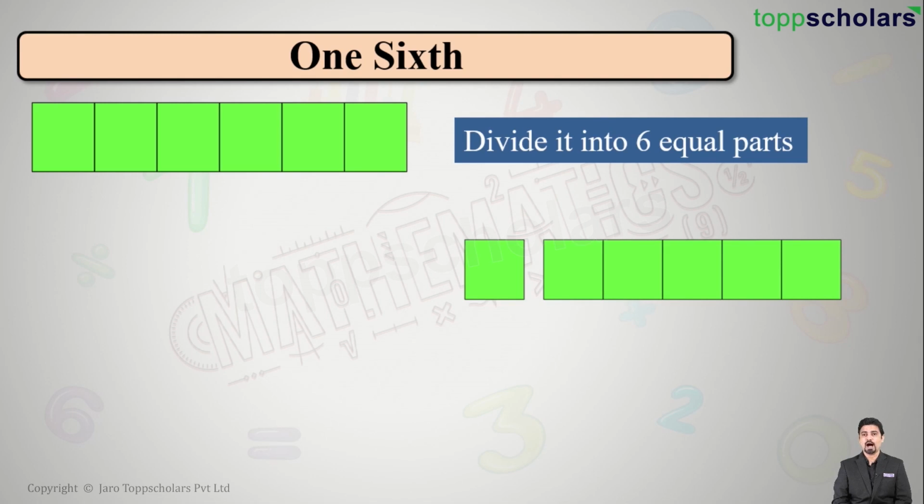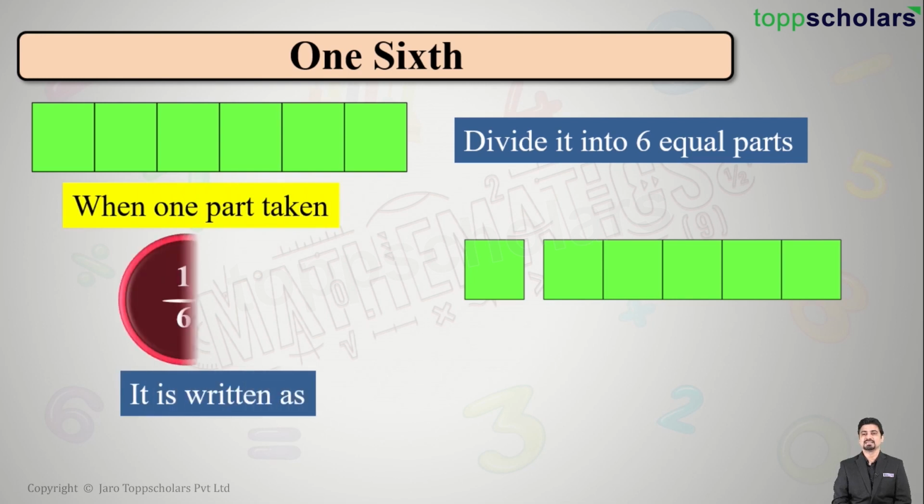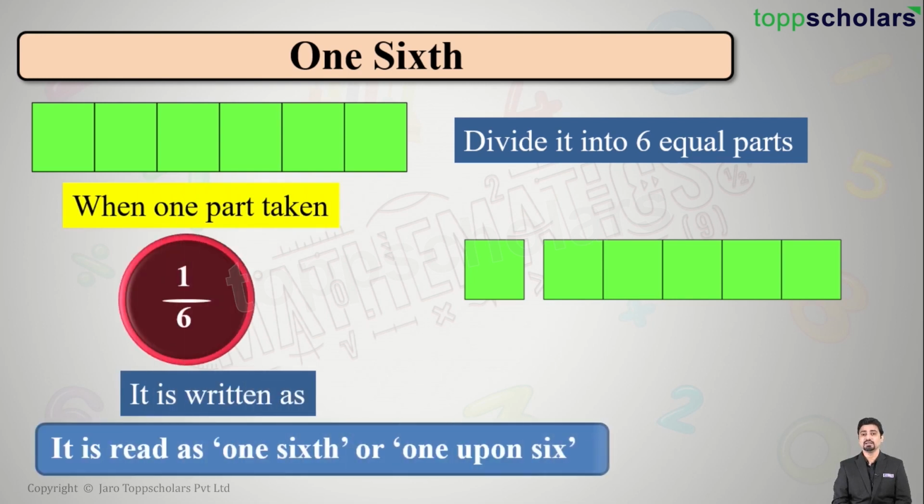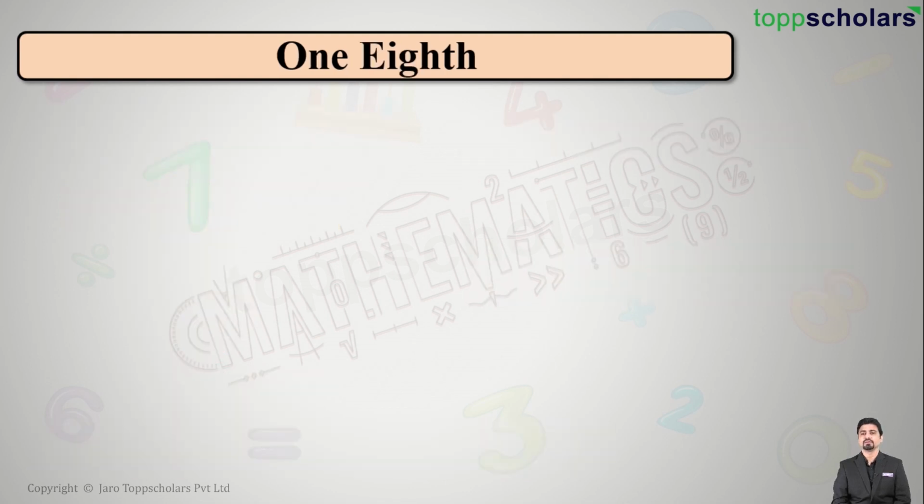One part out of 6 parts. 1 out of 6. 1 upon 6. This is how we write it. And how do we read it? We read it as 1/6 part. That's right, students. Have you understood this? Very well. Brilliant.